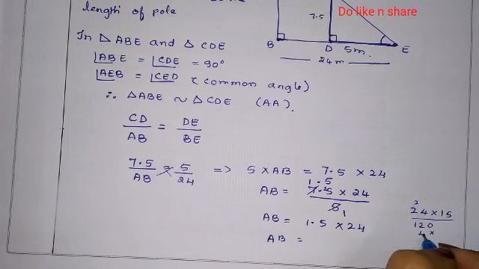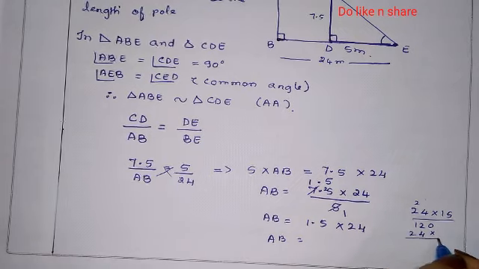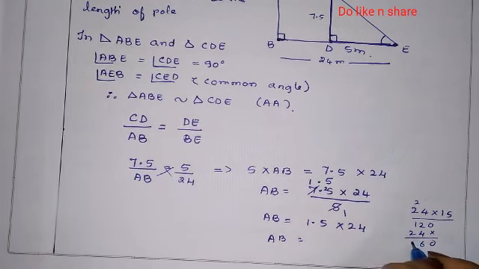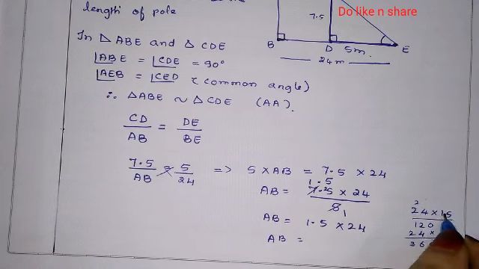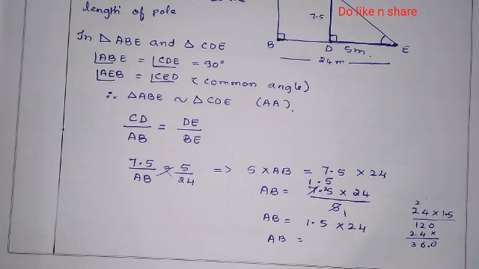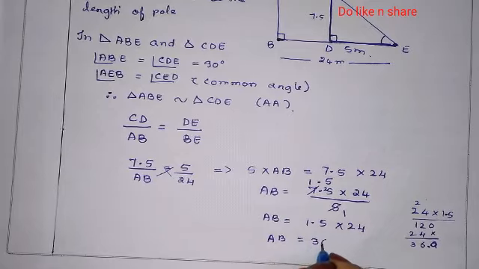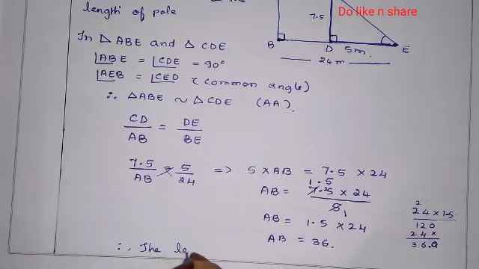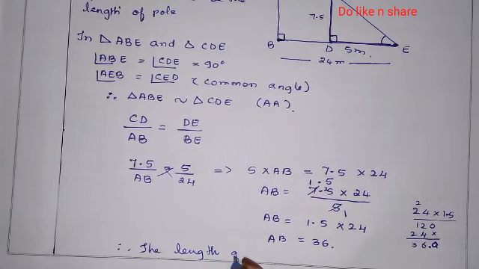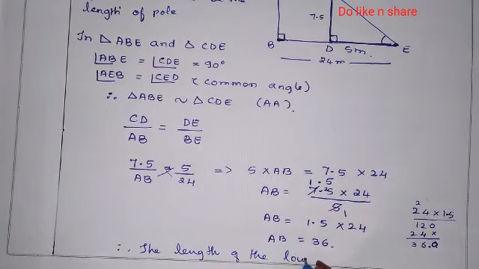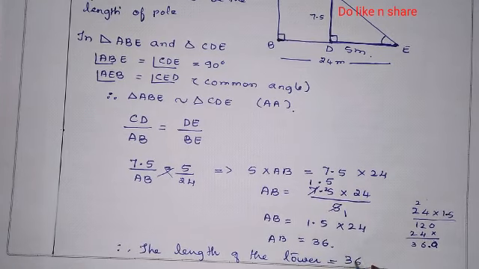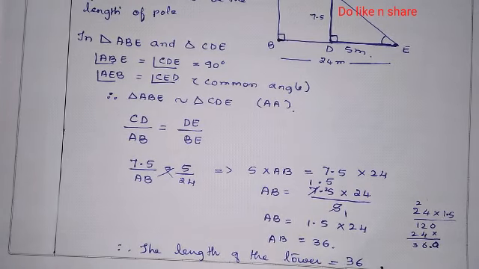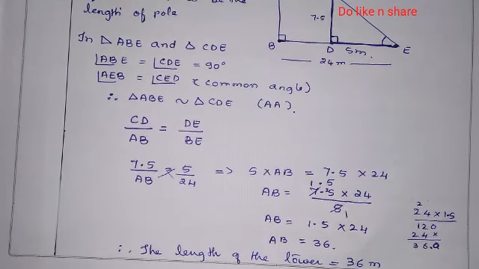Then 1 4s are 4, 1 2s are 2. So after one decimal place, after the decimal 0 there is no value, so AB is equal to 36. Therefore the length of the tower is 36 meter.